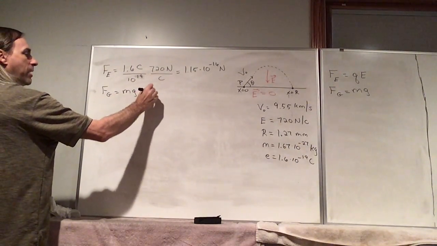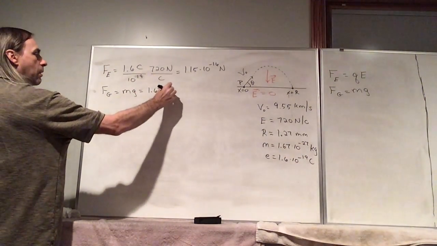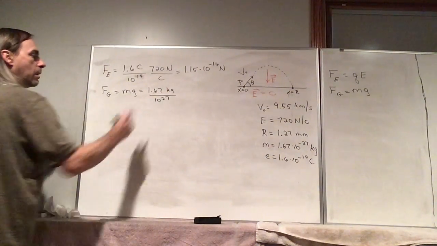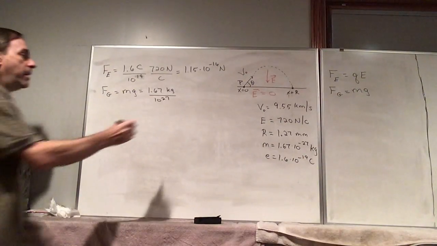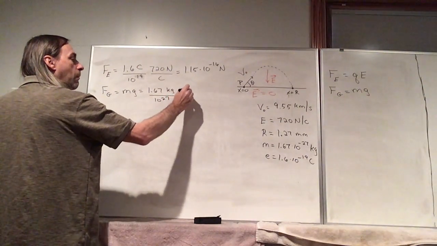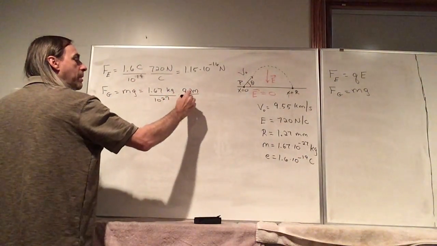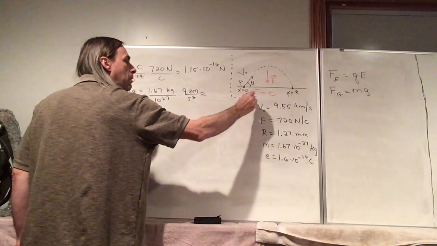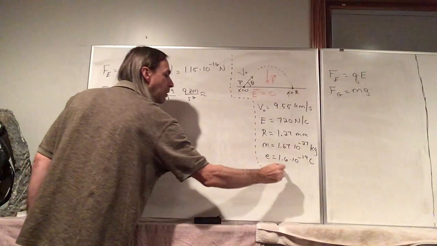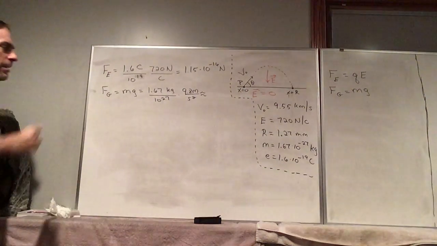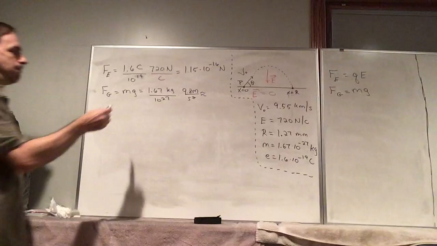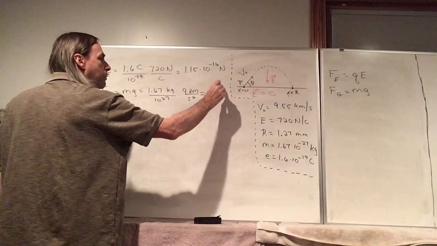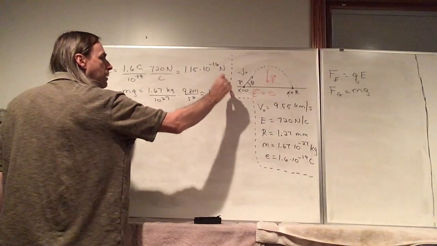So we have 1.67 times 10 to the minus 27 kilograms times g, 9.8 meters per second squared. So this is going to be roughly 1.6 times 10 to the minus 26 newtons.